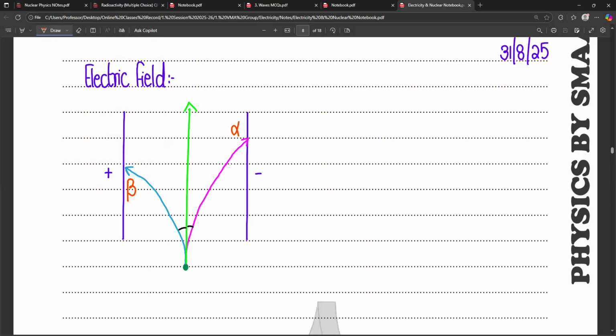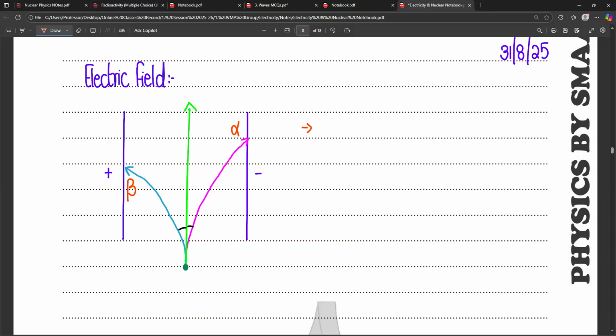If we first talk about alpha, so alpha is a heavy particle and the charge of alpha is also greater than beta. So alpha is heavy. So to deflect alpha particle, because it is heavy, it takes more time as compared to beta. Beta is a light particle. So if any object is very light, it is very easy to move that object. In the same way, beta is a light particle as compared to alpha.